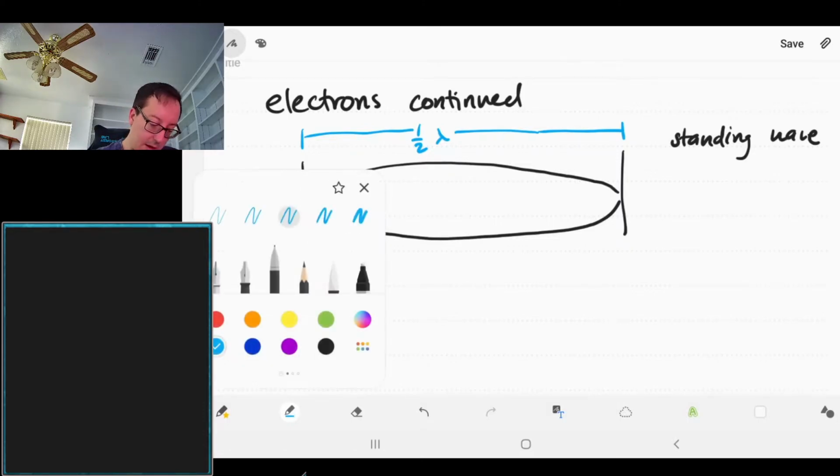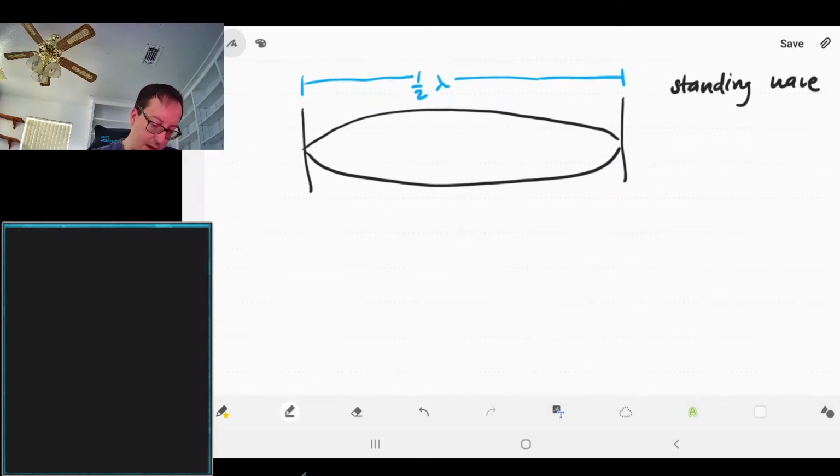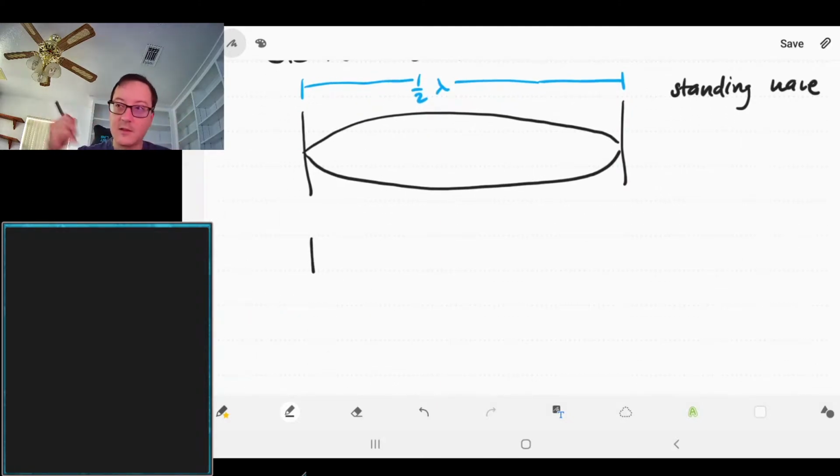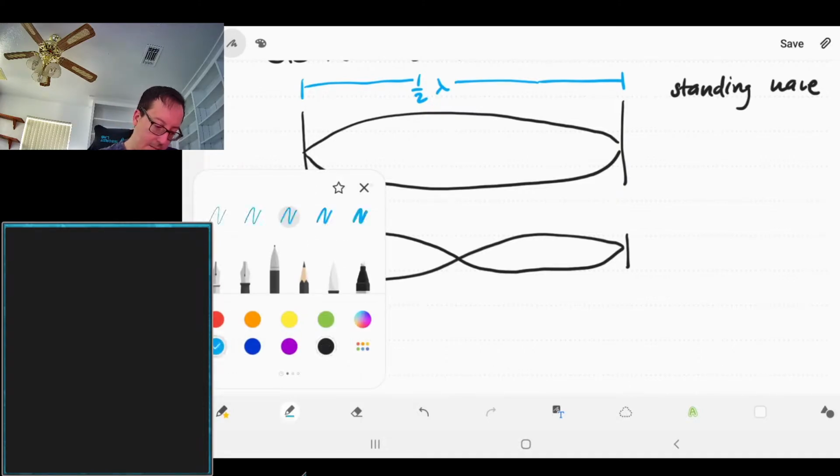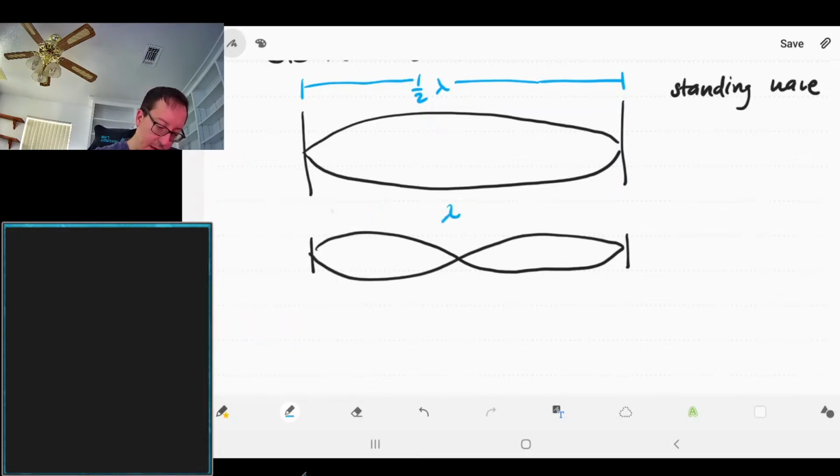This one's not so interesting. If we double the speed that we're moving this string up and down, we end up capturing an entire wave within our string. And so now this is an entire wavelength.